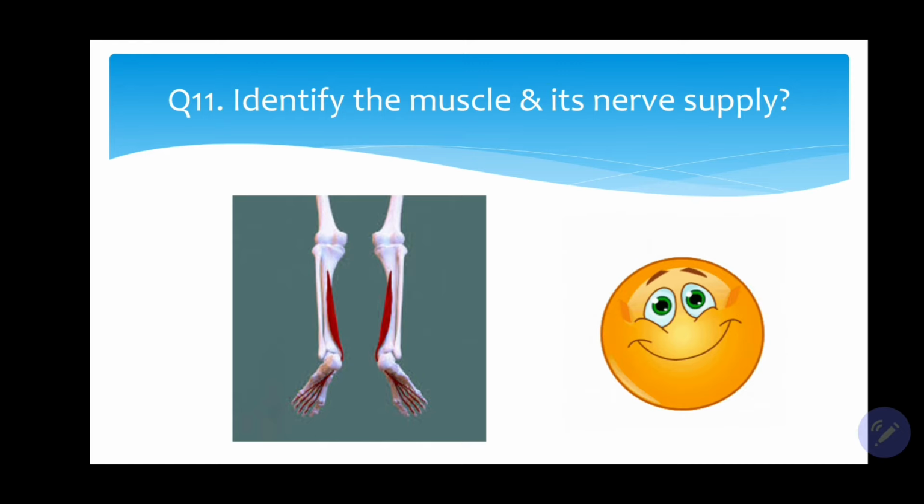So if it's inserting on all the 4 digits, that means it's of course a plantar nerve. So what type of digital nerve, because it's reaching the 4 digits.